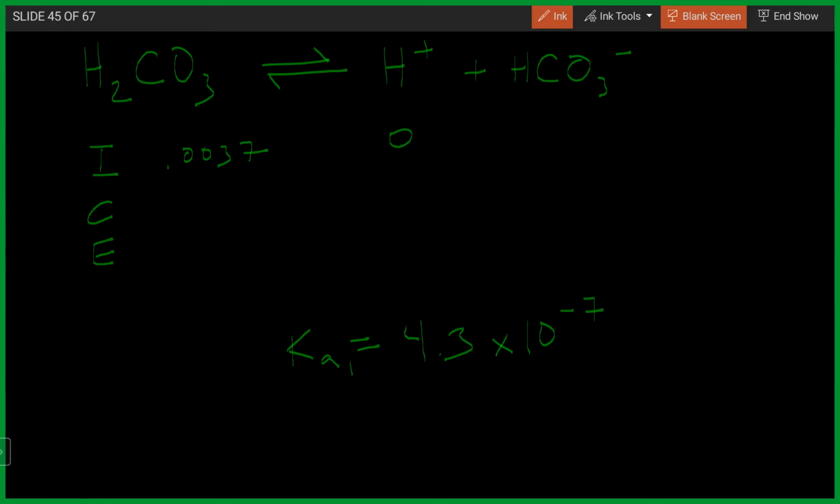We'll have 0 of the hydrogen, 0 of that bicarbonate to start. And then that'll increase by plus x, and this will decrease by negative x. So we'll wind up with 0.0037 minus x.